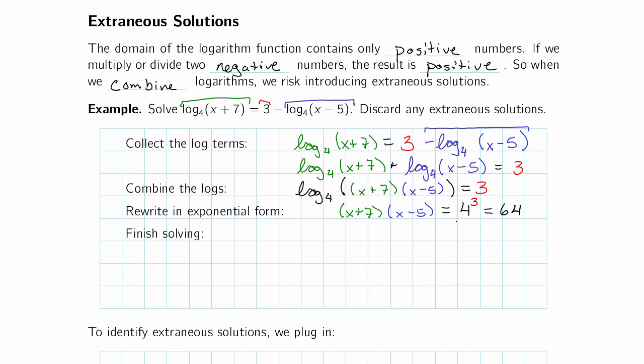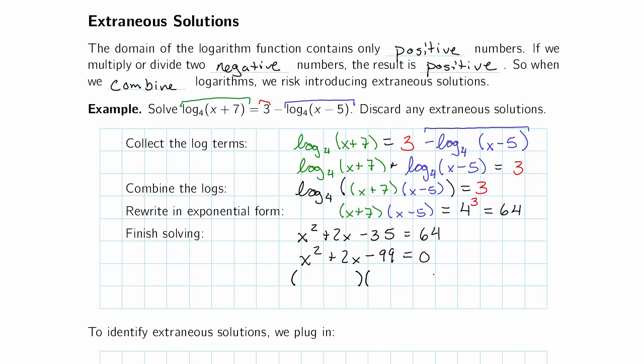And now we can solve this equation, right? We have something factored equals a number, which is not 0, which means that we need to multiply it out, get everything on one side, and then refactor. So we've got x squared plus 2x minus 35 equals 64. Subtract 64 from both sides, x squared plus 2x minus 99 equals 0.